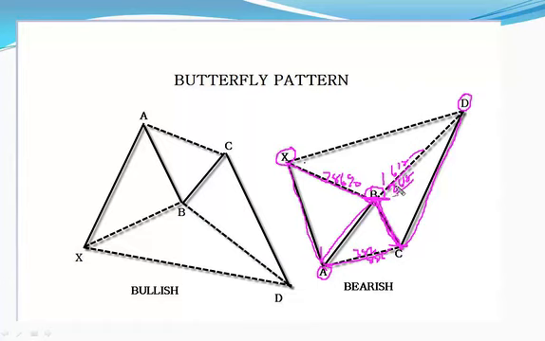We're also taking the X high, low, A, and then measuring up a 1272 to a 1618. So you're looking at that on the way up also.